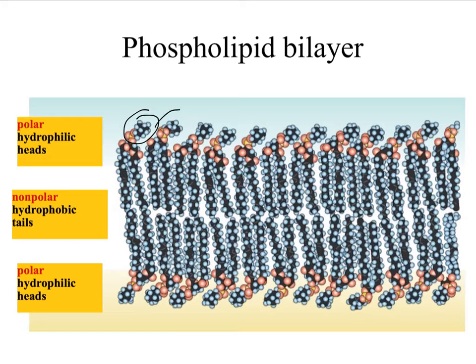You can see the heads are outside and inside the cell, and the tails are part of this bilayer section. And they will do this automatically. Sometimes part of the cell will pinch off or form around other molecules, and this phospholipid bilayer will automatically form like this.